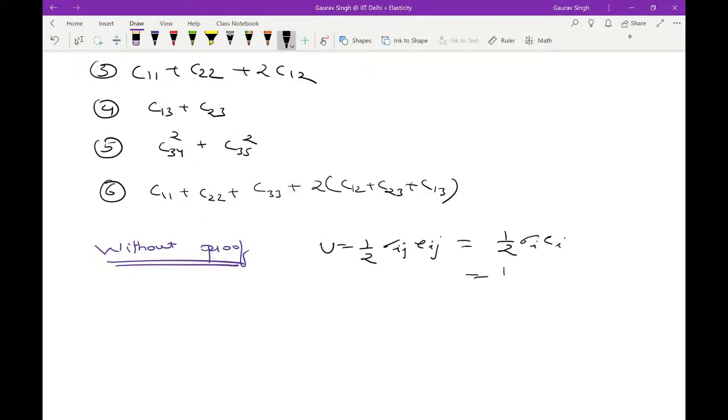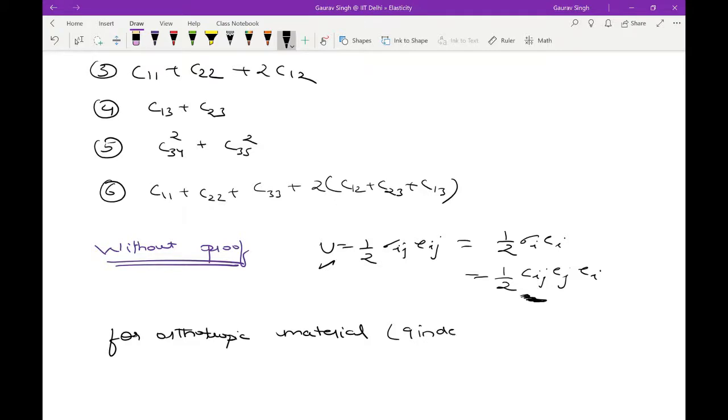Sigma i would be written as Cij ej. Then obviously the strain energy U is greater than or equal to 0, and you can show certain bounds about this Cij. Without proof, I am writing that for orthotropic materials, remember there are three mutually perpendicular planes of symmetry, and you had 9 independent constants.